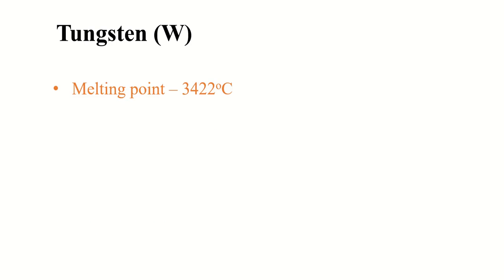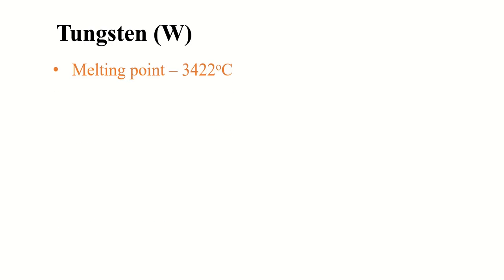Next metal is tungsten. Tungsten is a very hard metal that is also called a carbide former, and this is generally used for making some important carbides which are used for cutting tools.